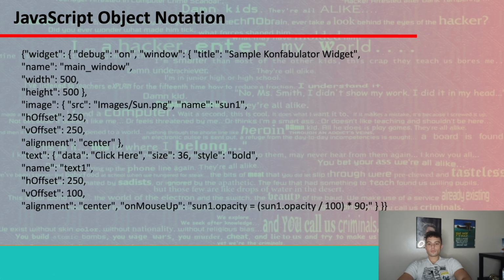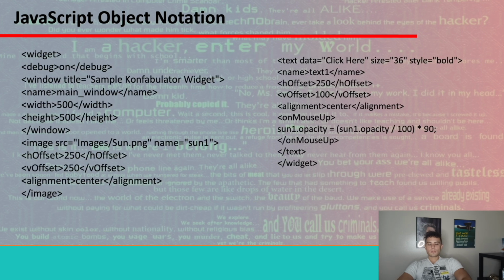And if you want to transfer the same data to XML, it would look like this. It doesn't change the length too much, but you need to write, for example, width two times, not only once, because it works based on tags.